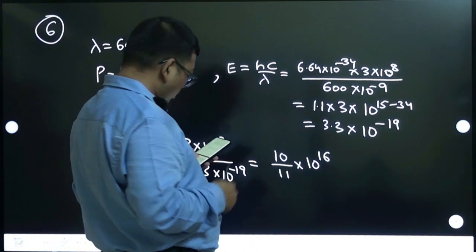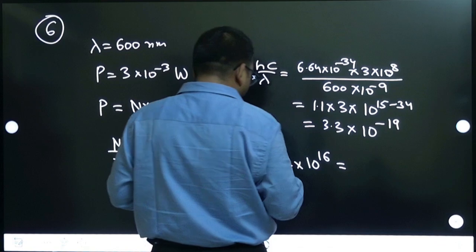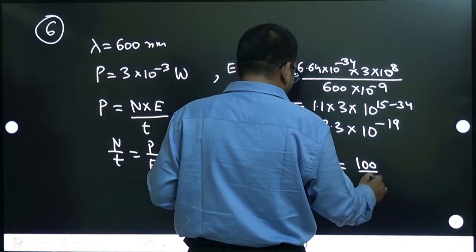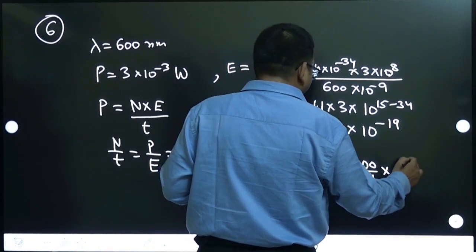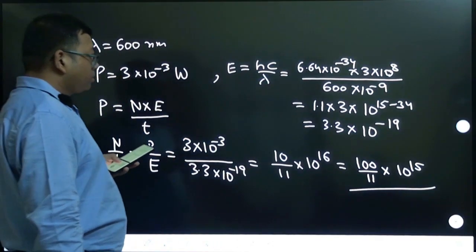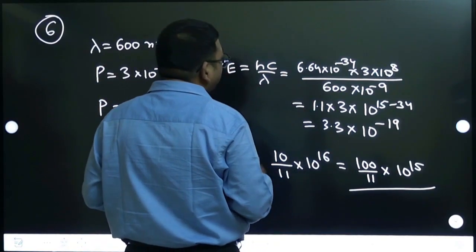I think we need to check the order of that. So this will come as one order you take. Let us say 100 by 11 if I take, so 10 to the power 15. And note that here some approximation we have made.